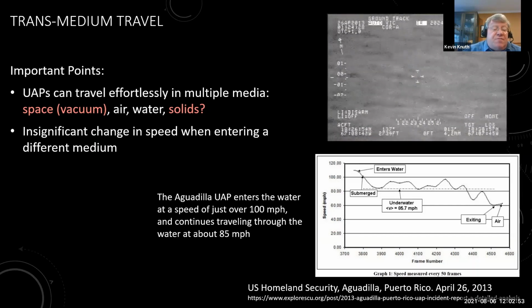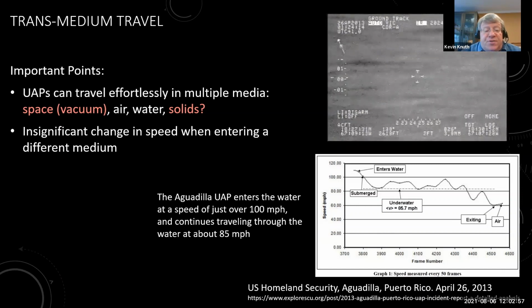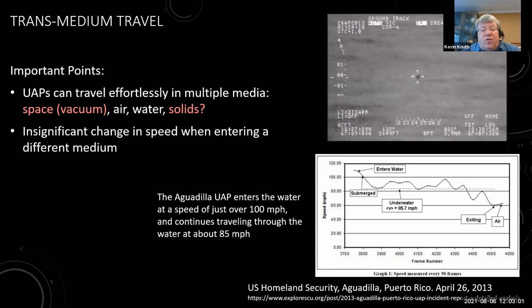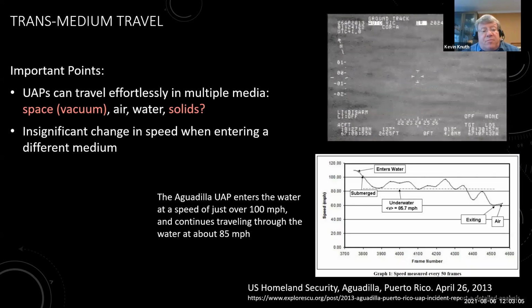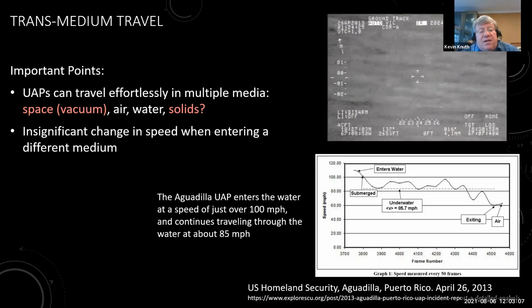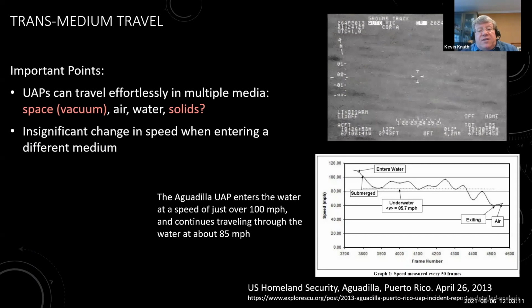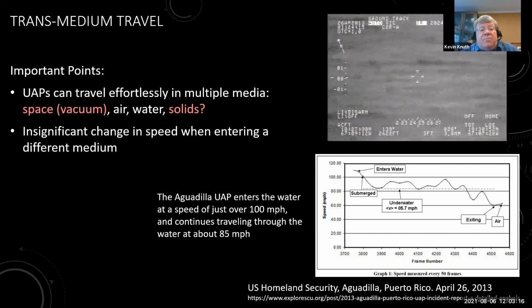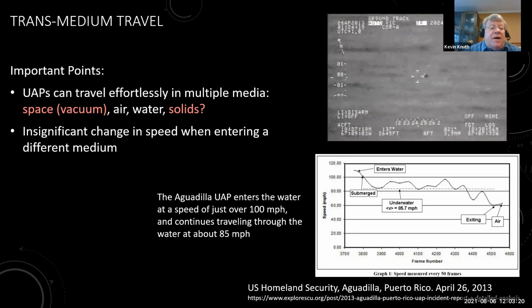I mentioned here space and vacuum. Senior Chief Kevin Day on the USS Princeton said that the radar operators who were there for tracking missiles coming in from space, like intercontinental ballistic missiles, had tracked these UAPs coming in from low Earth orbit before they got to the 80,000 feet that his radar was able to pick them up at.